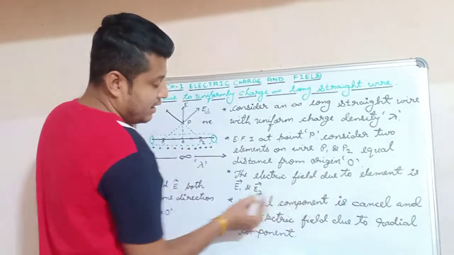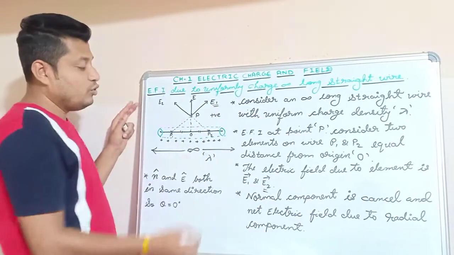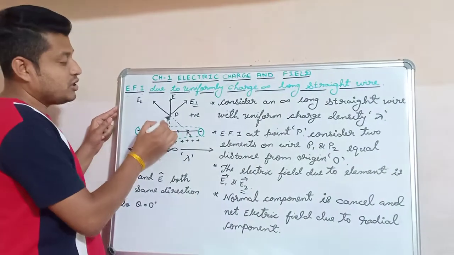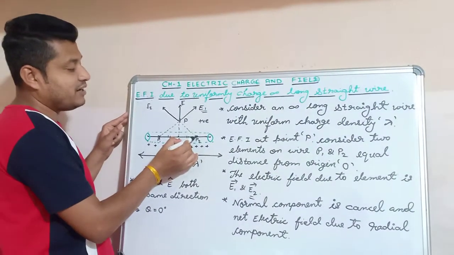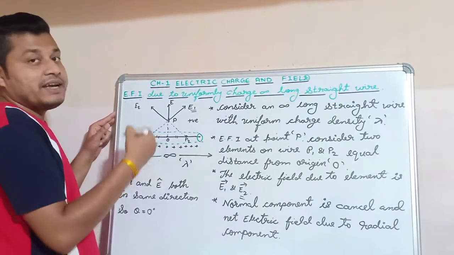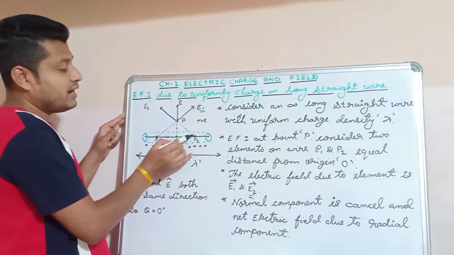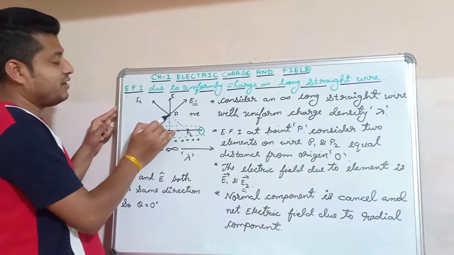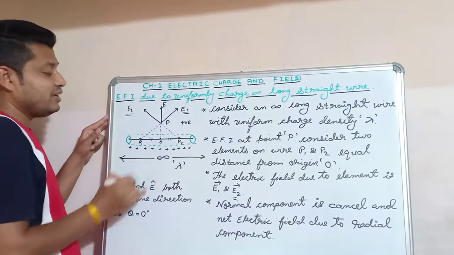Similarly, E2 is the electric field due to the other element. It is positive and the direction of electric field is away, so the electric field direction is this, E2.